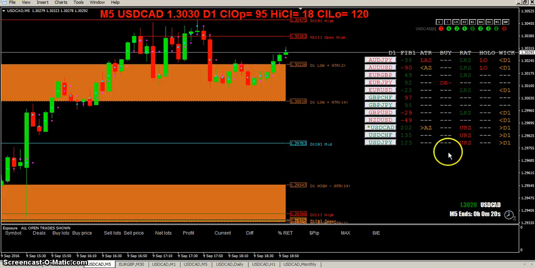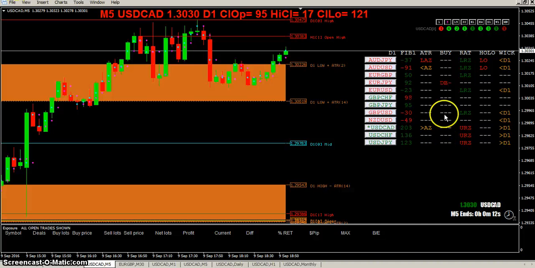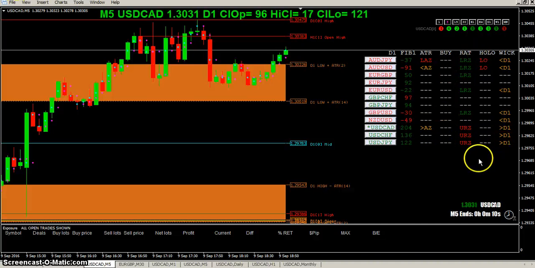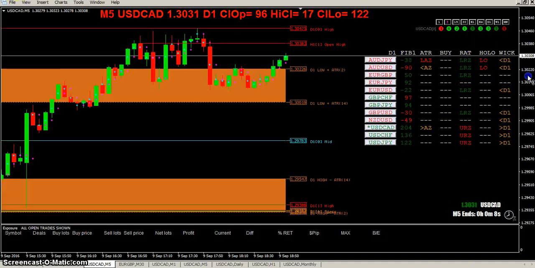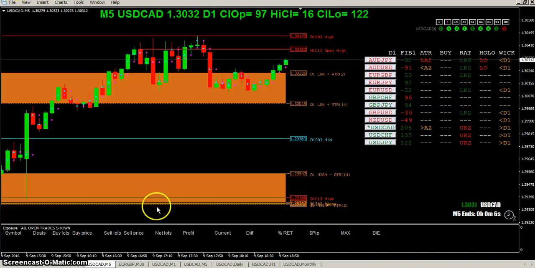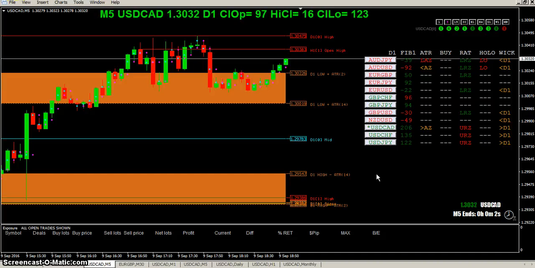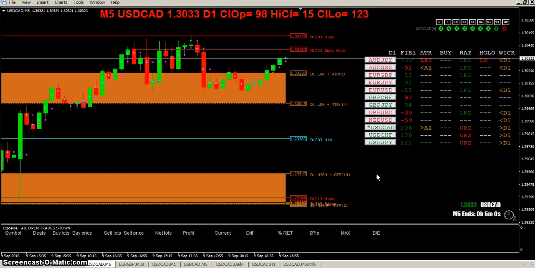So once again, for me, I like using this indicator, so now I can just sit back and see where my trade opportunities are, rather than have to look at a bunch of different charts or a bunch of different gauges and figure out, okay, do I want to take that trade or not?